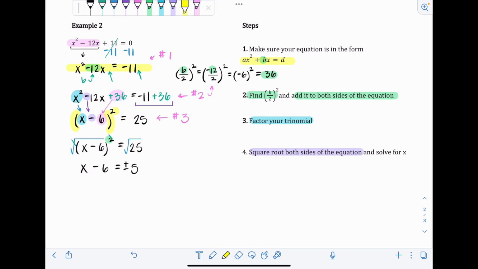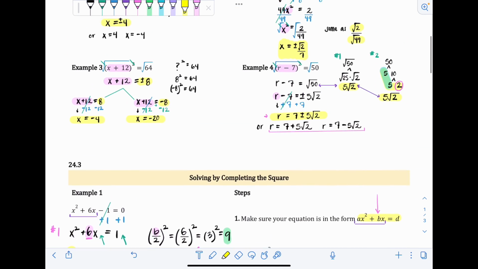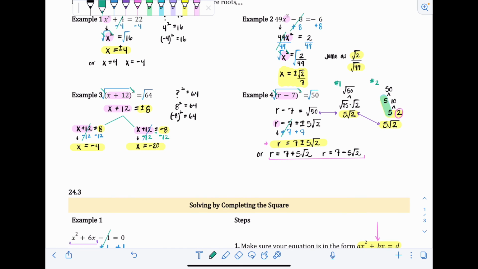So before we go through the rest of this problem, I want to go back up to an example that's just like this. So we had x minus 6 is equal to positive and negative 5 with no more radical because the radical fully simplified. When that was the case, that was example 3 up here.